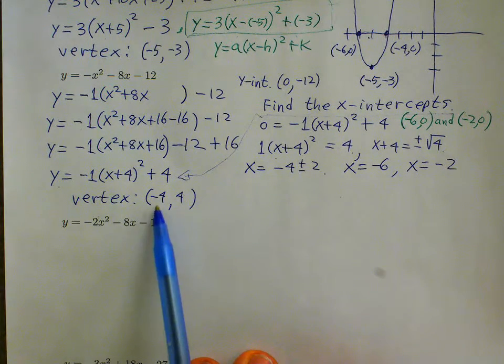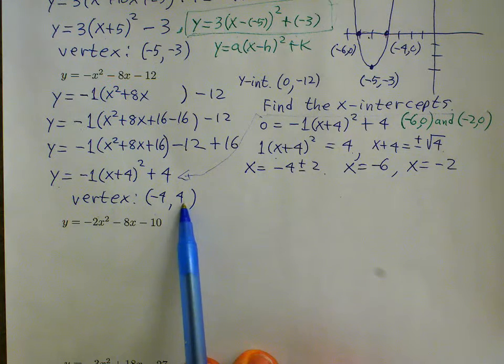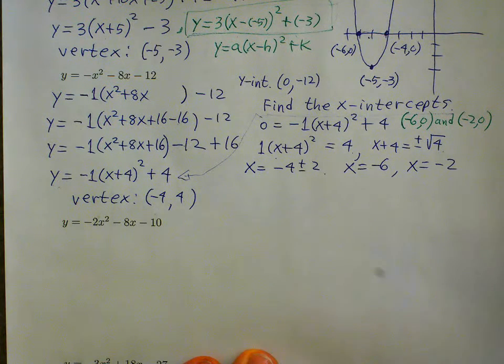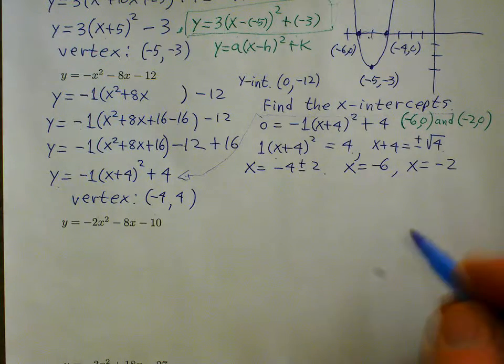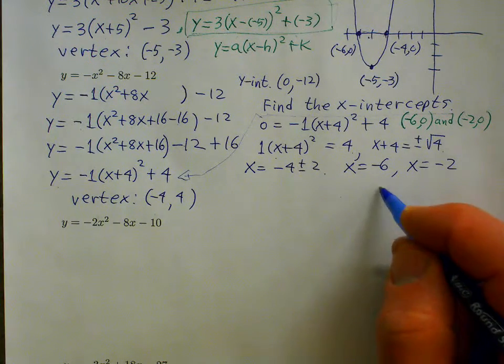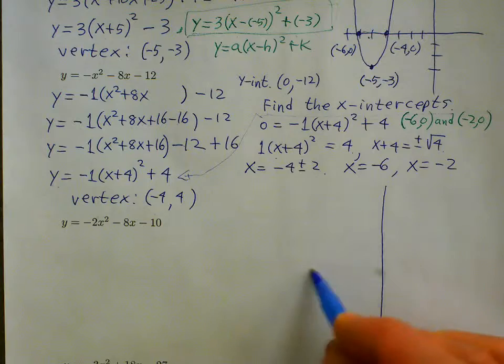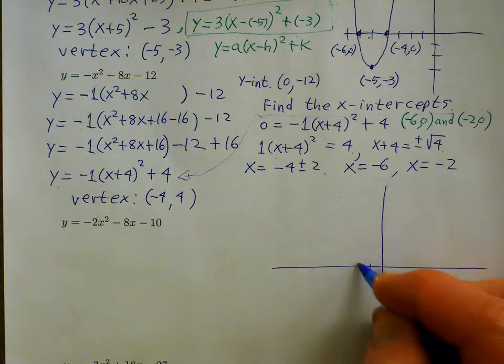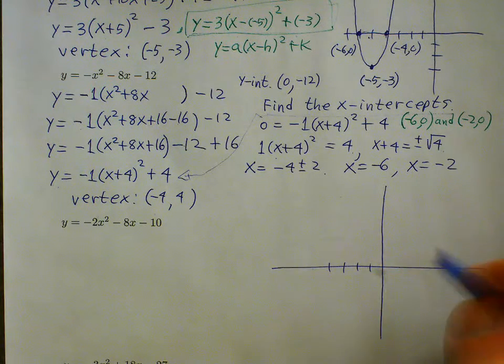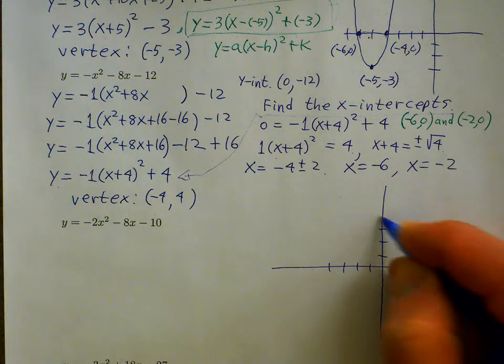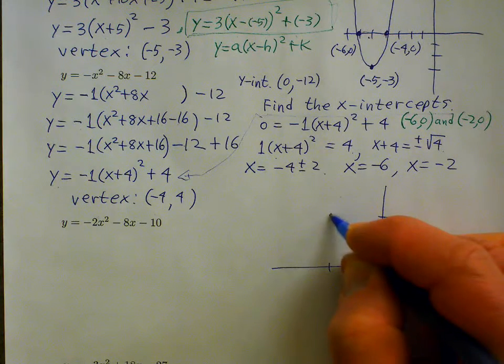Okay, let's go ahead and sketch the parabola. Negative 4, 4 is the vertex. Negative 4, 4.